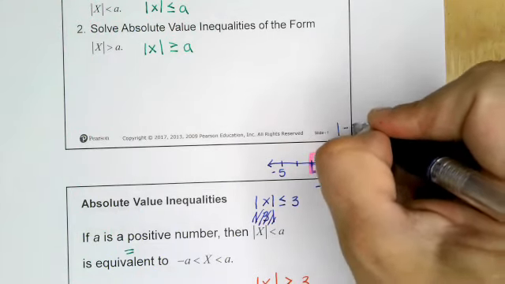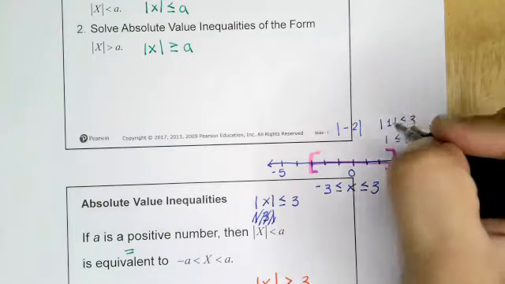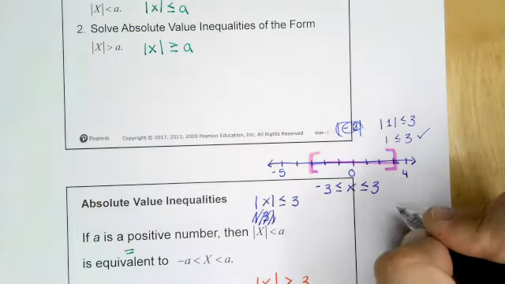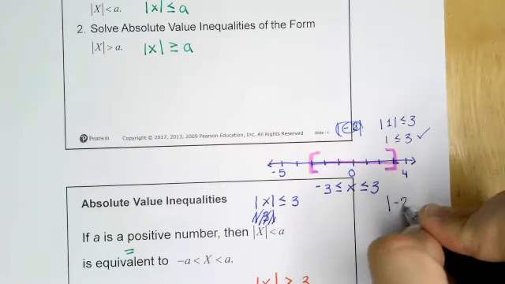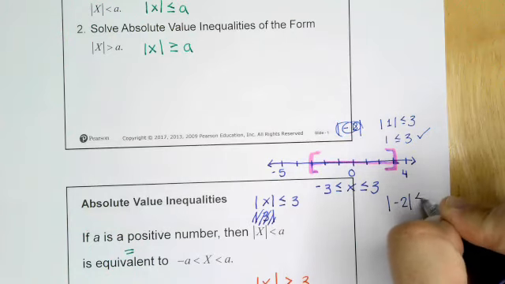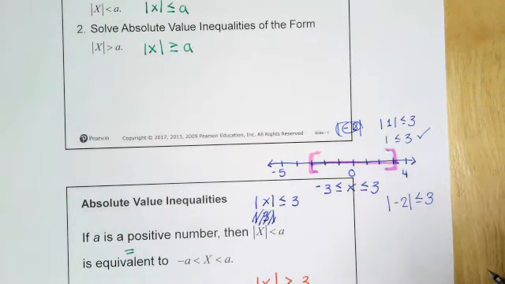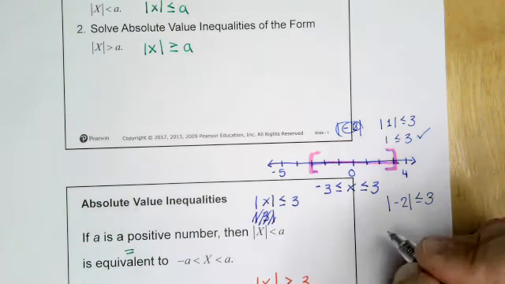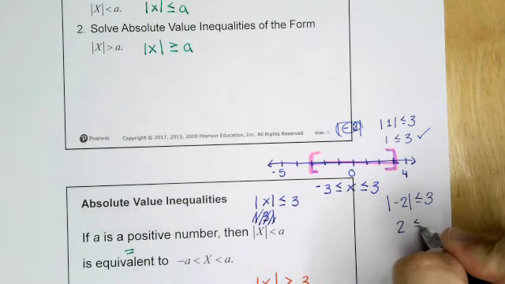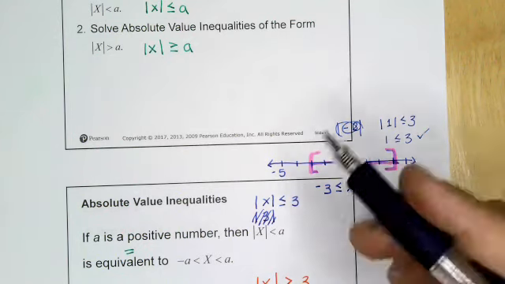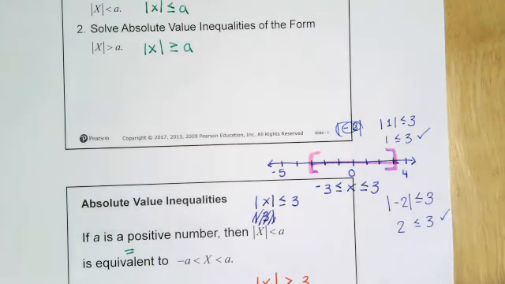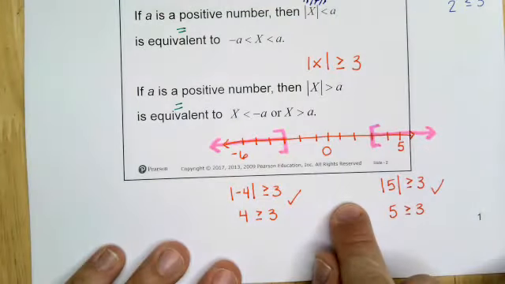The absolute value of -2 is less than or equal to 3. The absolute value of -2 is 2. Yes. -5: the absolute value of -5 is 5. That's not less than or equal to 3, right? So this graph is correct, and this graph is correct.